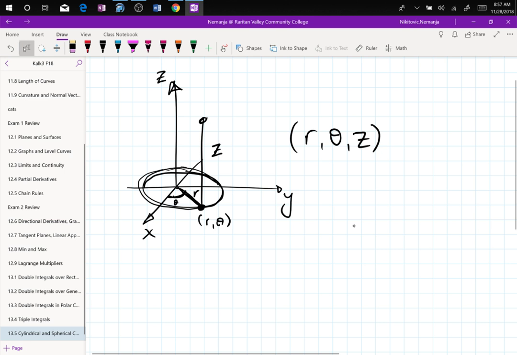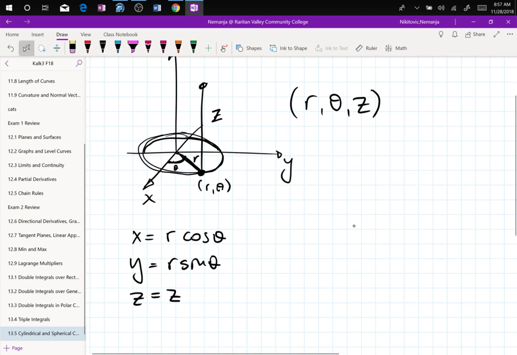Now, because we have that type of coordinates, we can use the same conversion that we used in the polar world. We know that x was r cosine theta, y was r sine theta, and now we're adding that z equals z. Really not much to it.